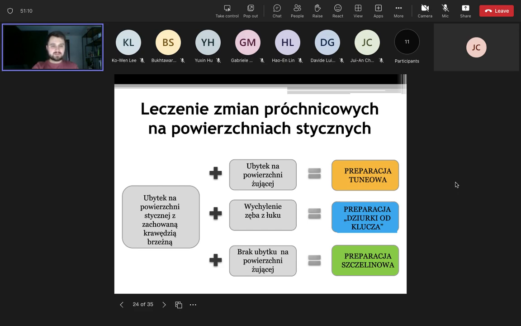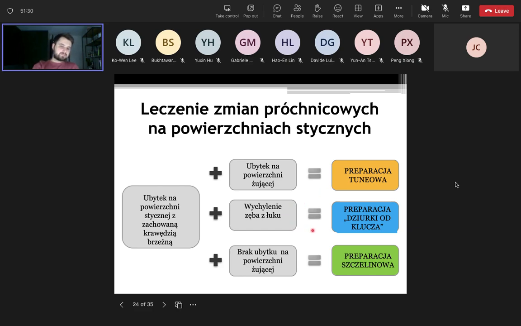In the case when we've got a proximal cavity and a cavity in the biting surface, we can make something called tunnel preparation, and I will show in a minute what it looks like.